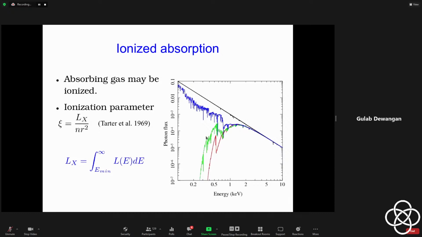But when you increase the ionization level, you start seeing these absorption lines. And for highly ionized material, you see lots and lots of these absorption lines. These are generated with models. And if it is almost fully ionized, then because the electrons are no longer bound, they cannot make transitions to higher levels. So you will see no absorption lines in fully ionized plasma.